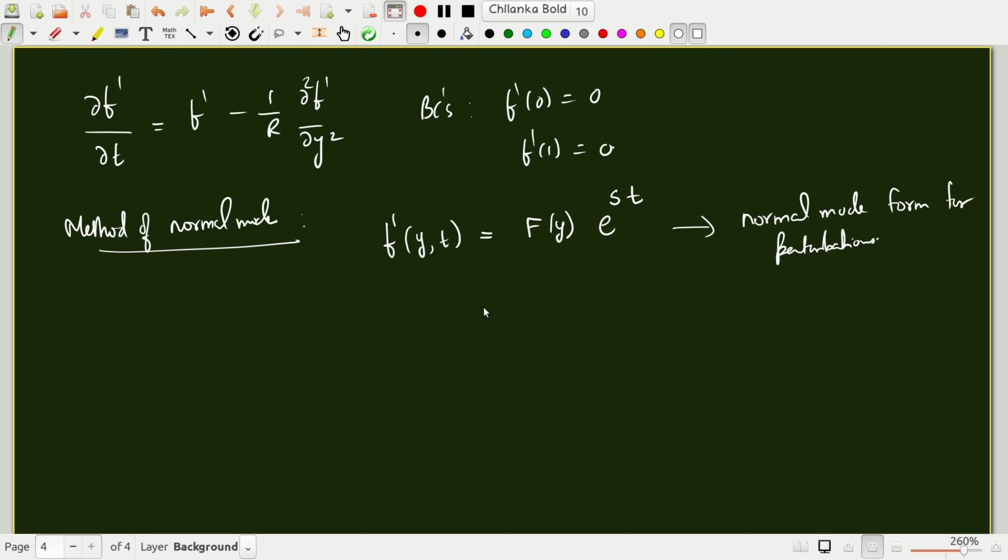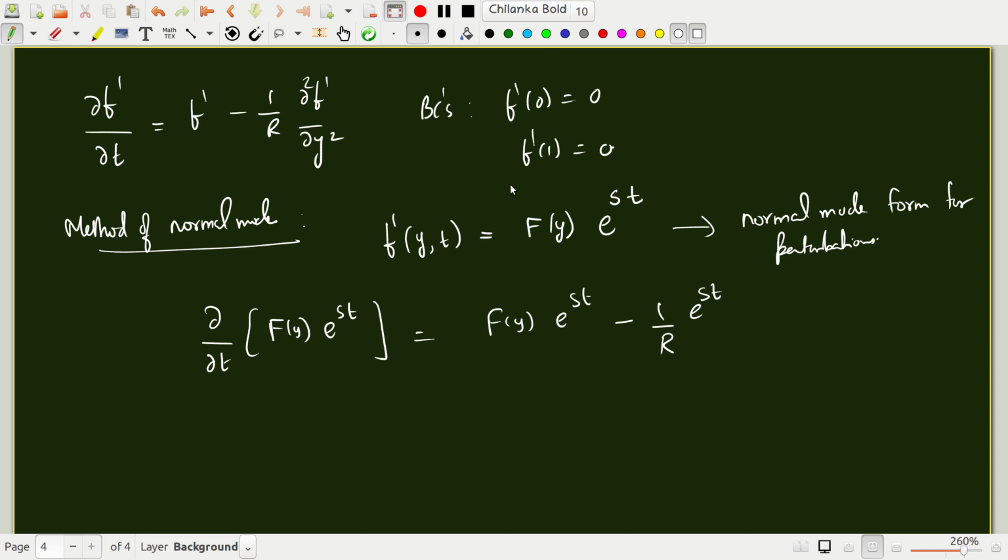Now I substitute this back out here. Now you will get partial by partial t of F of y e to the st is equal to F of y e to the st minus 1 over r times the second derivative. You'll have to take the derivative with respect to y, so e to the st will come out.